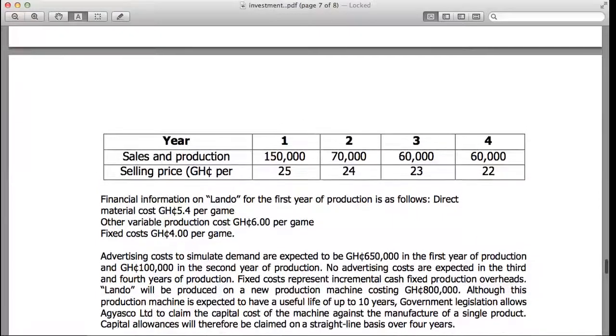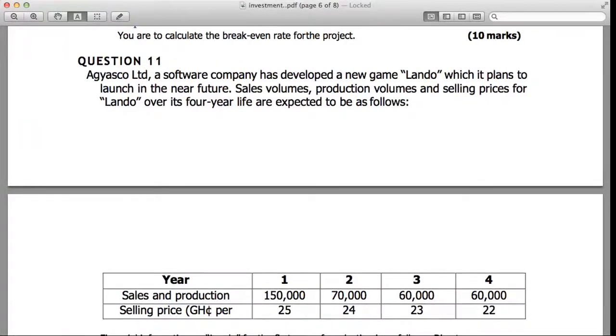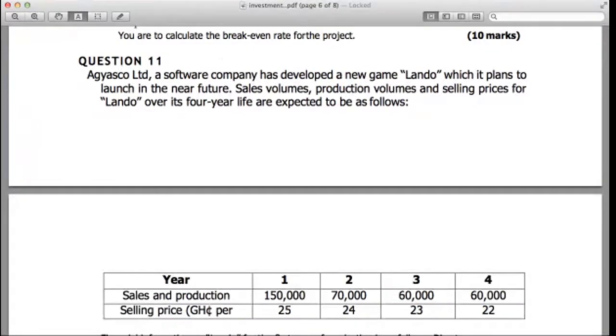Ajasco Limited, a software company. This is an ICA November 2017 past question. Ajasco Limited, management accounting.